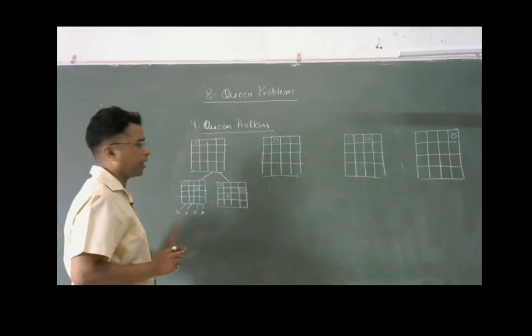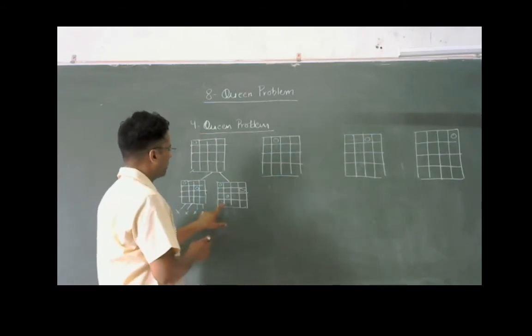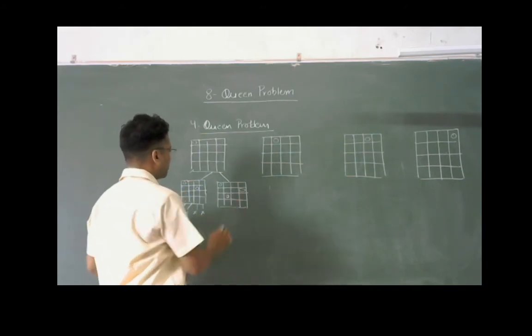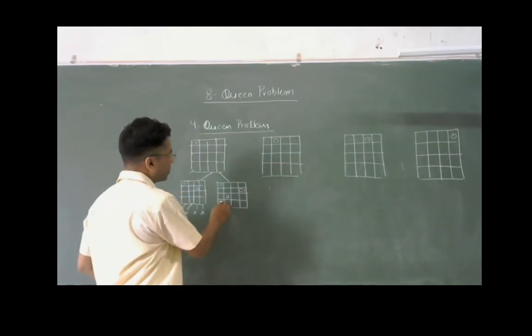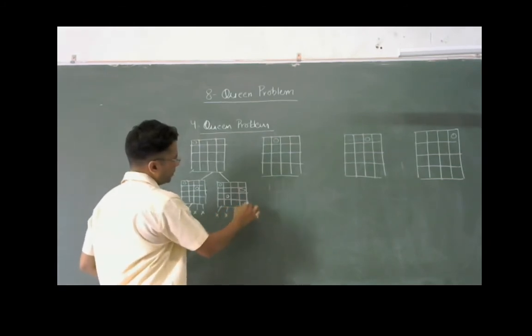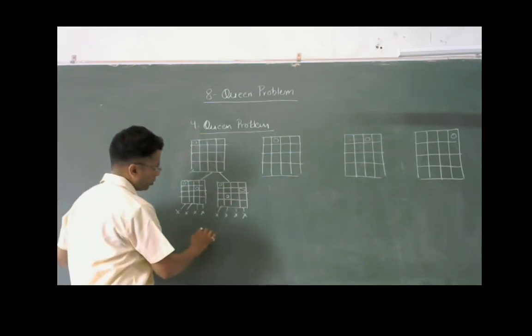After placing the third, this one is cancelled, this one is cancelled, this one is cancelled, and this one is cancelled. So there is no solution for this one. So no solution.